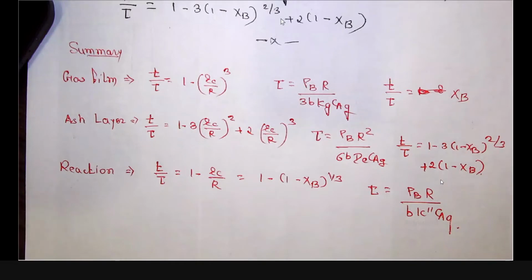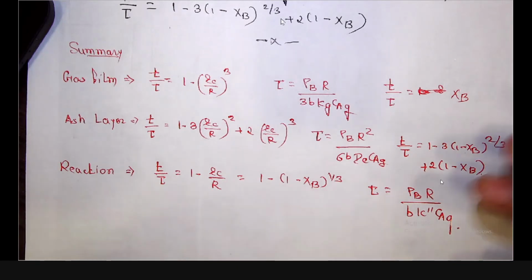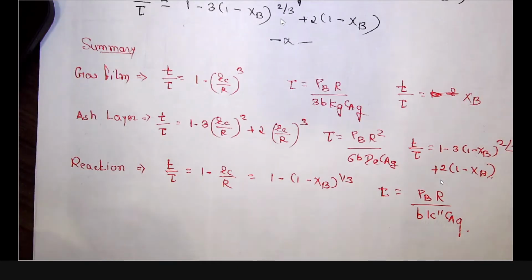Now in this we have seen the unchanging size. If it is a changing size, then what will be there? If there will be the changing size, if you recall this particular figure, I'll put it here.